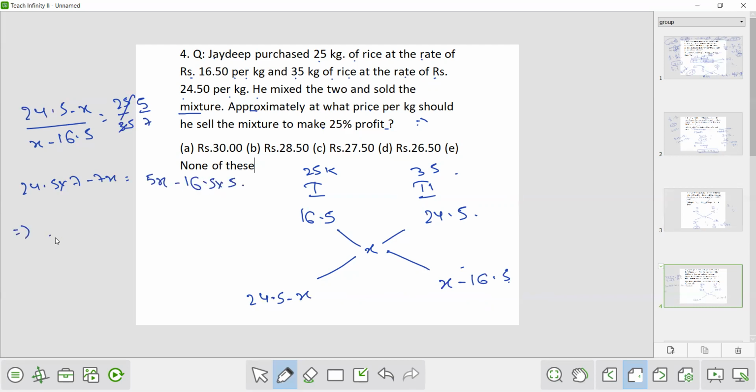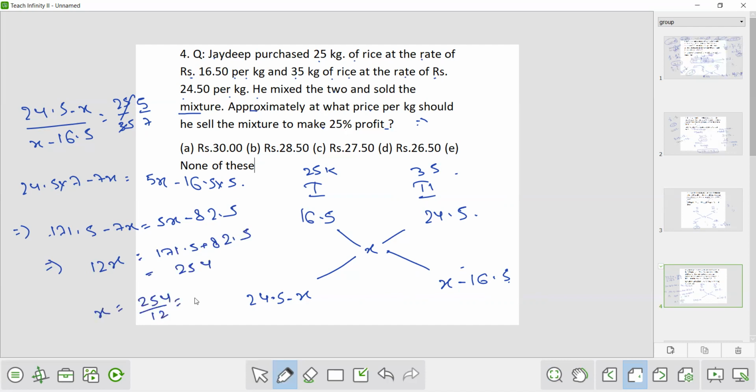This is equivalent to 171.5 minus 7x is equivalent to 5x minus 82.5. Now 12x is equivalent to 171.5 plus 82.5, which is 254. So x is 254 divided by 12, that is approximately 21.16.